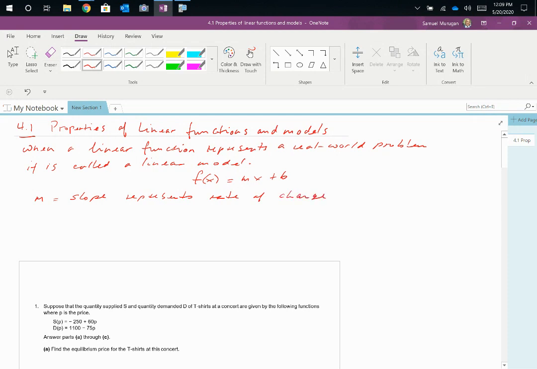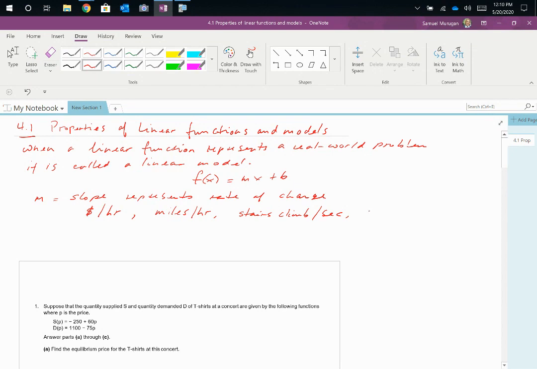Could be something like, say, dollars that you make per hour, or how many miles you're driving per hour, how many stairs you climb each second. Anything that might be considered to be a rate of change would be considered to be slope.